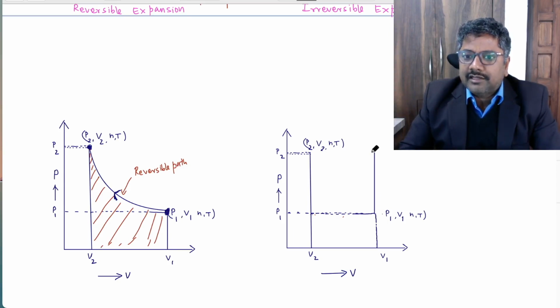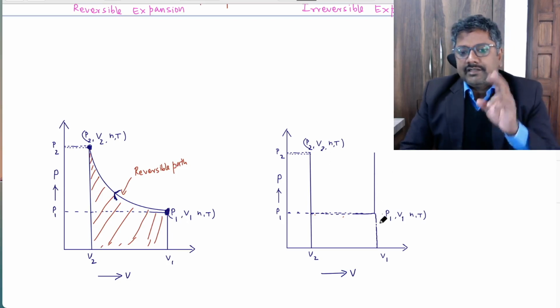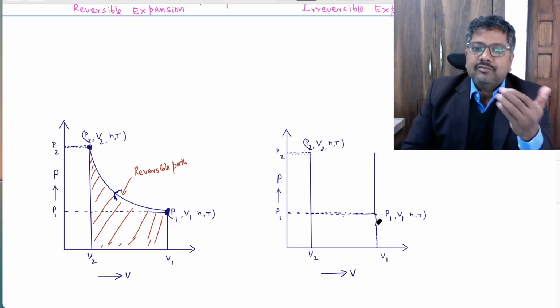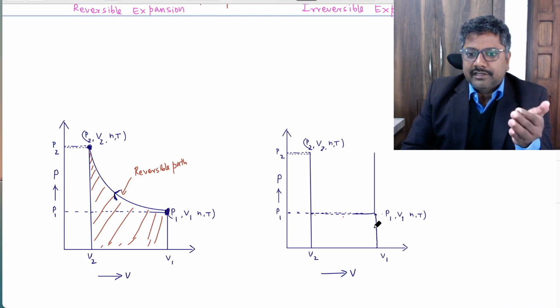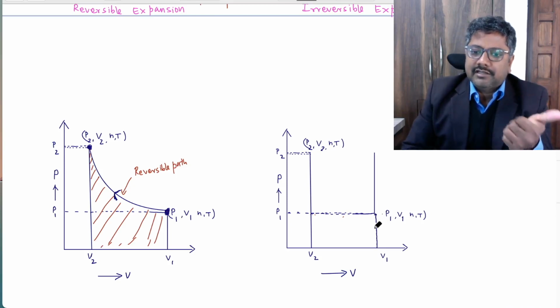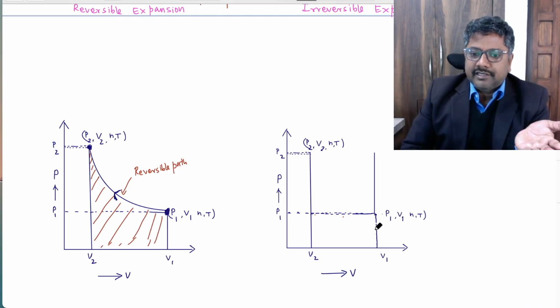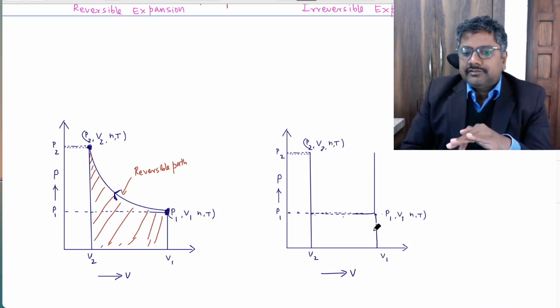Remember the concept that when two variables are changing, every time you have to design the path, and in the path designing you have to make one variable constant, then take the change in the other variable, and in the next step do the same thing, keep the other variable constant, then change the first.